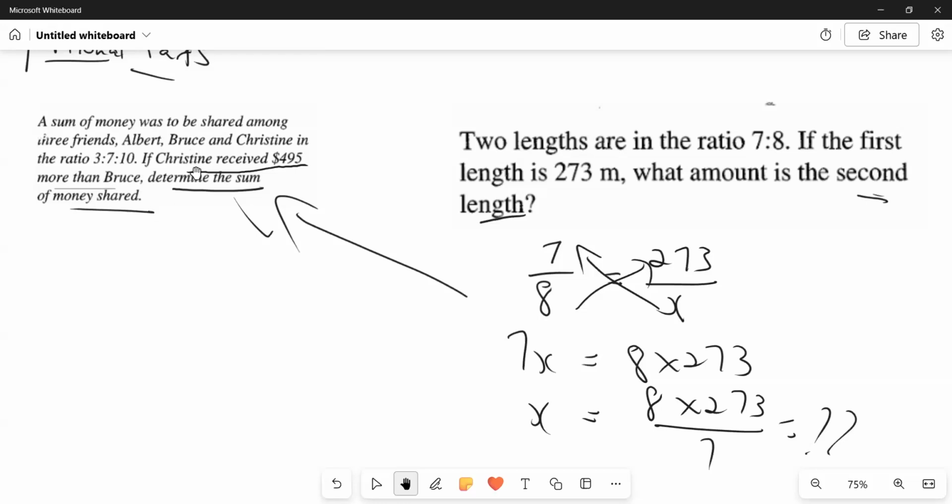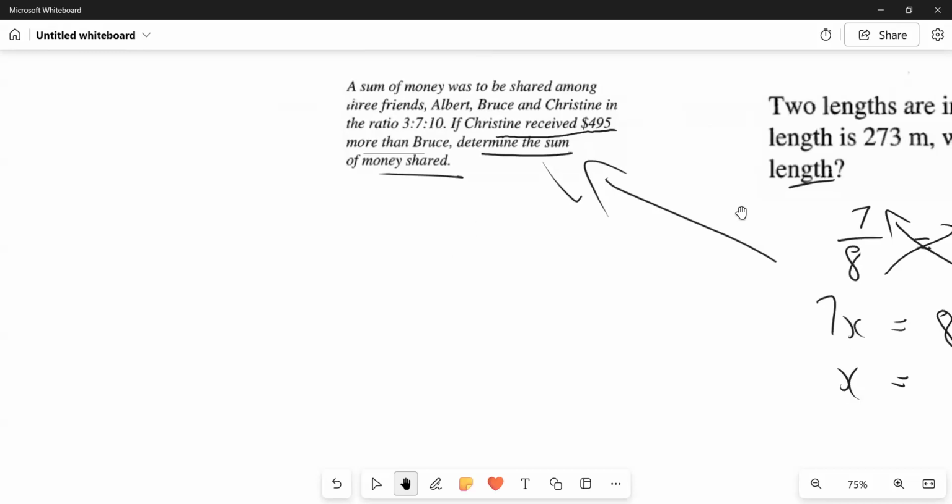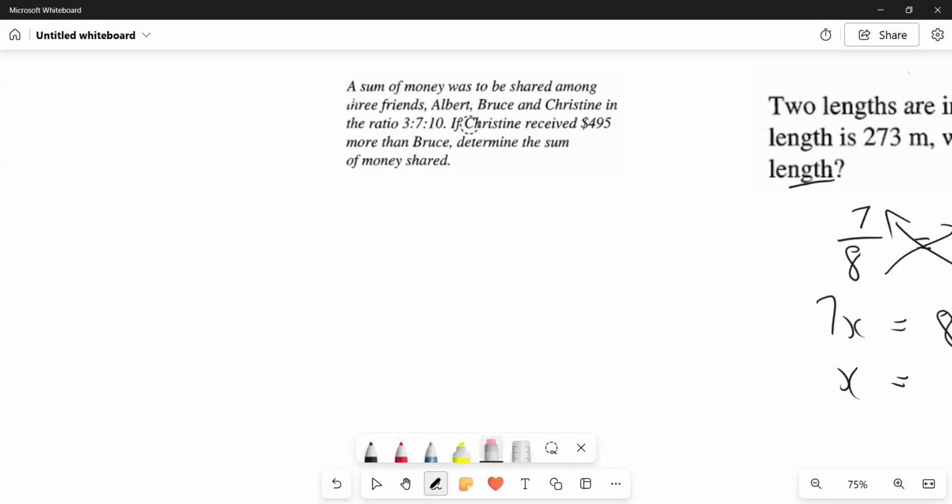So let's turn our attention to this problem here, right? Put it in the middle here. Maybe I can erase all of it. Good. So here we have Albert, Bruce here and Christine here, right?